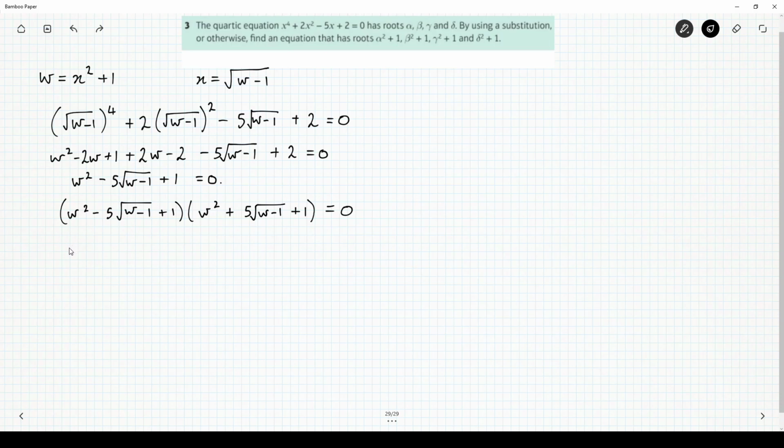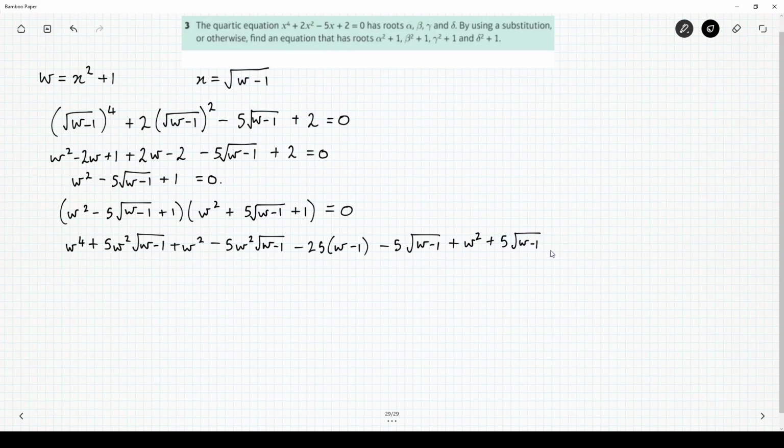So if we just times that out, we're going to get w to the 4 plus 5w squared root w minus 1 plus w squared minus 5w squared root w minus 1 minus 25 times w minus 1 minus 5 times root w minus 1 and then plus w squared plus 5 root w minus 1 and plus 1 equals 0.